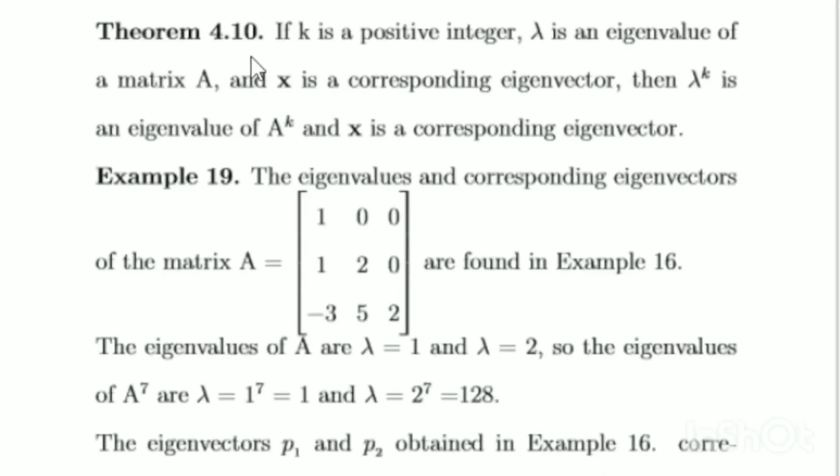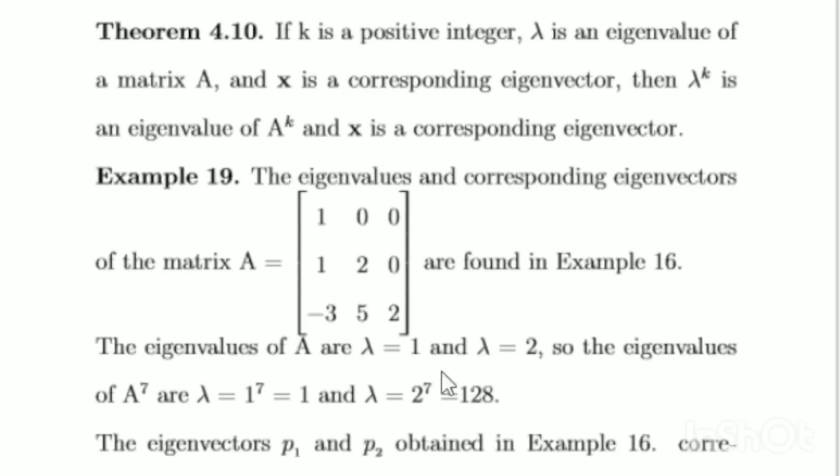We have a theorem: if k is a positive integer, lambda is an eigenvalue of a matrix A, and x is the corresponding eigenvector, then lambda power k is an eigenvalue of A power k, and x is the corresponding eigenvector. For example, the eigenvalues and corresponding eigenvectors of matrix A we already found in the above example.